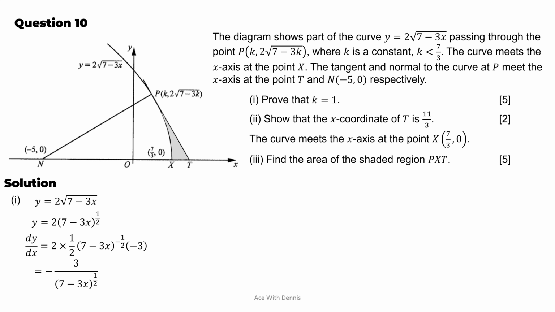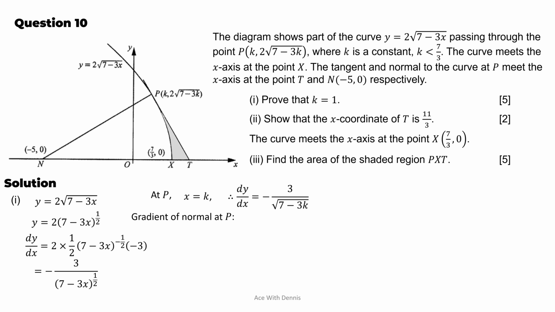We simplify this equation, we get negative 3 over 7 minus 3x to the power of half. So at point P, the x is equal to k. Therefore, dy dx will be equal to negative 3 over square root of 7 minus 3k.